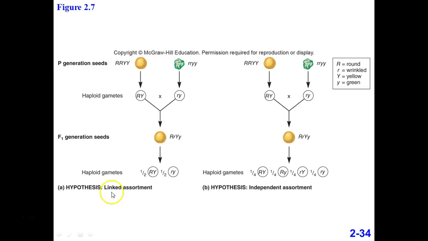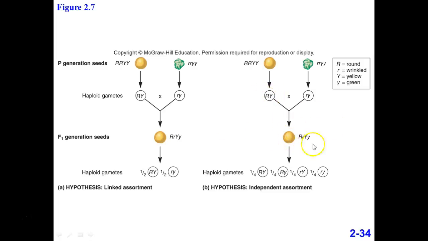Right? If they're on the same chromosome, it would be something like this, where this parent could only give capital R, capital Y together, and little r and little y together. But we know that's not true. These are actually on separate chromosomes, so these can separate from each other.